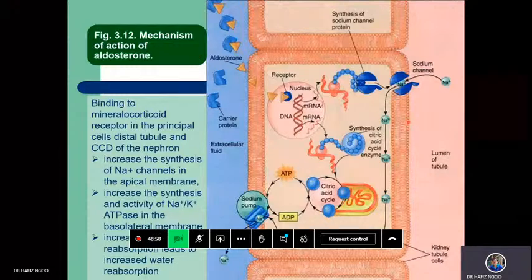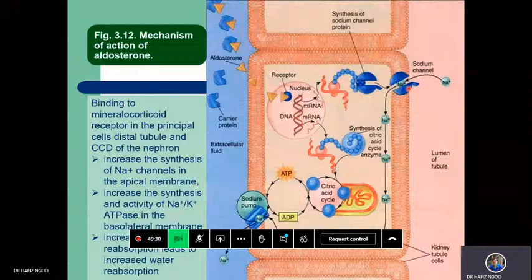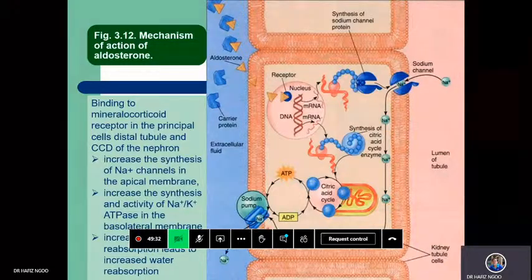The receptor is present intracellularly, where it binds to the gene for gene transcription and RNA formation, to produce a lot of sodium channels and a lot of sodium potassium pumps. It increases synthesis of sodium channels in the apical membrane and sodium potassium pumps in the basolateral side. This allows the absorption of sodium through these channels.